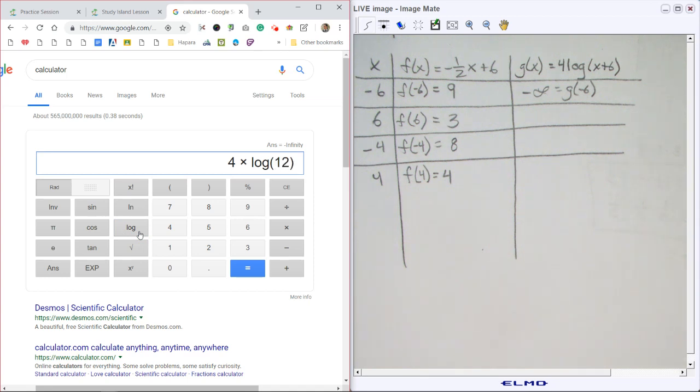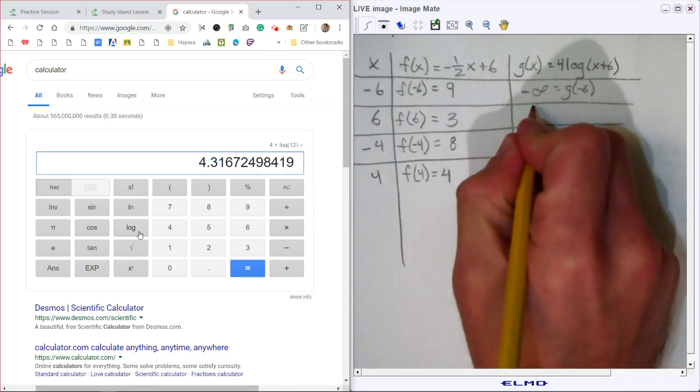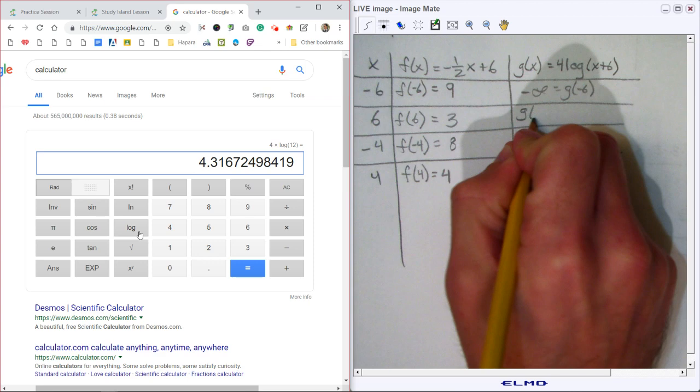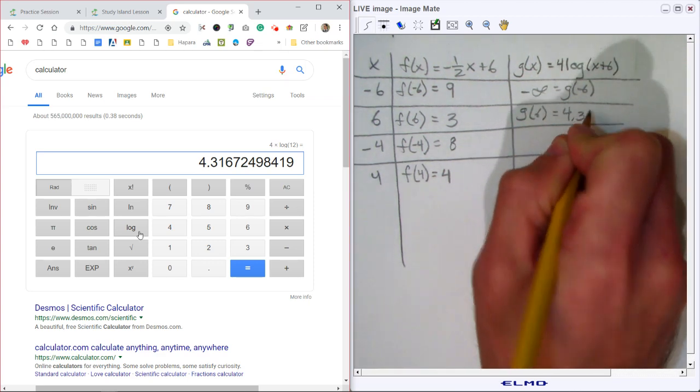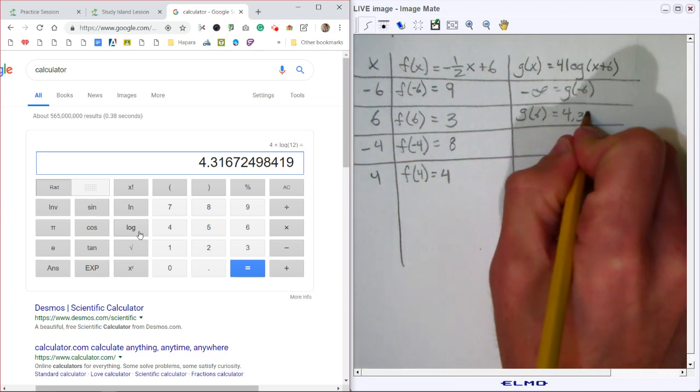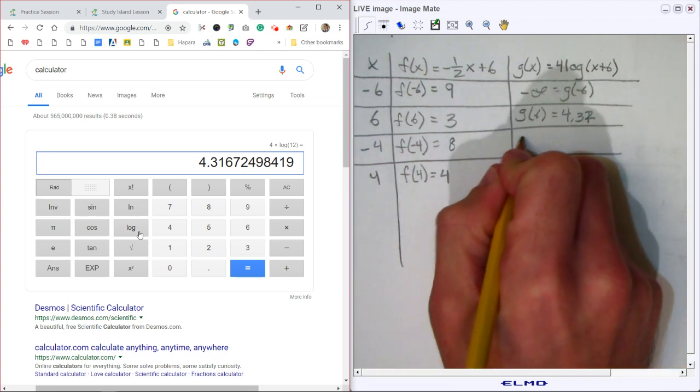Hopefully you don't need the calculator to calculate 6 plus 6 for you. And you get 4.31. So we've got g of 6 is approximately 4.31. It's actually more like 4.32 if you round correctly.